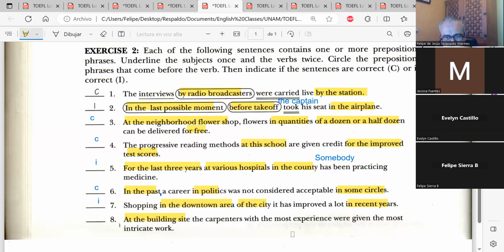Were given is the verb, and the complement the most intricate work. Very good. I think it's correct. Okay, but there is something else that should be added. The comma? The comma, where? Between site and the.